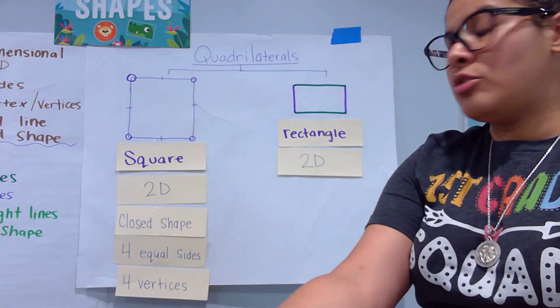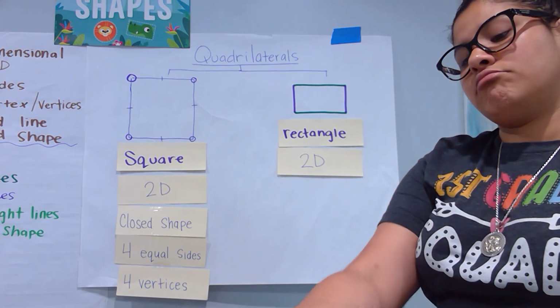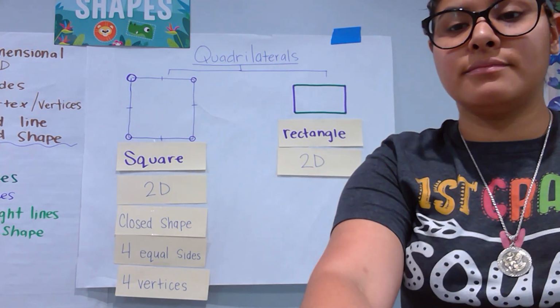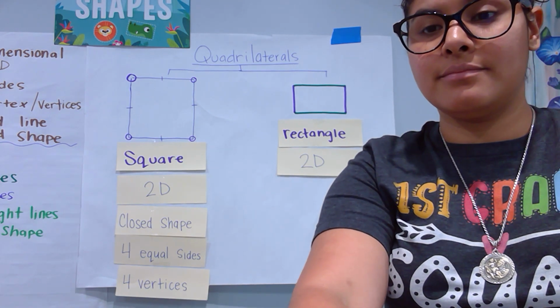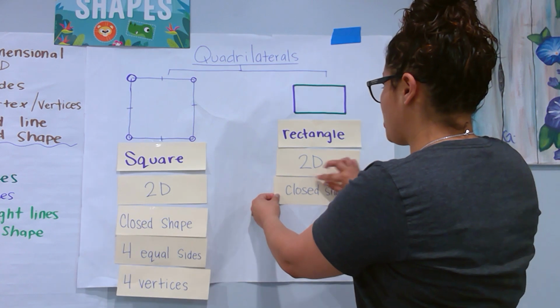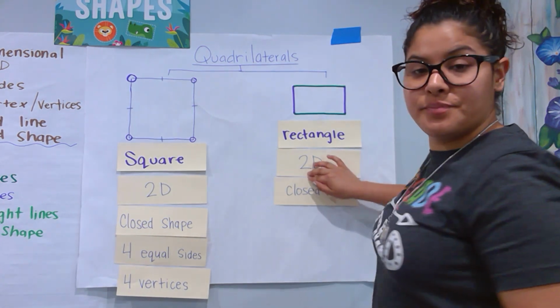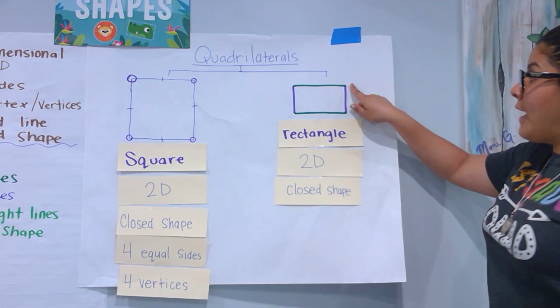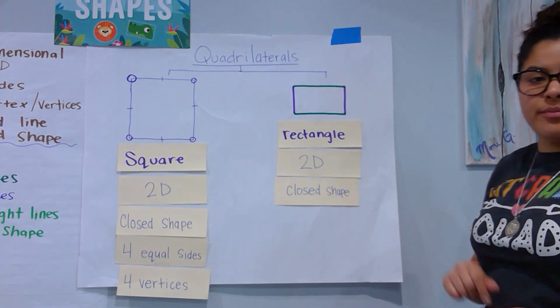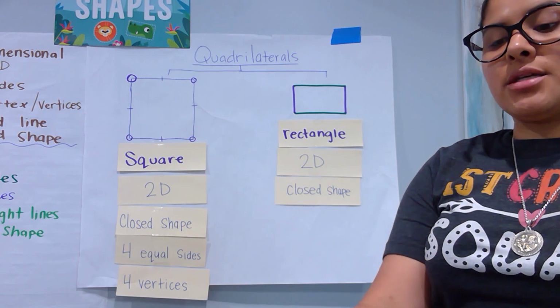A rectangle is also a closed shape. It does not have any openings. Each line is connected with another, or each side is connected with another.